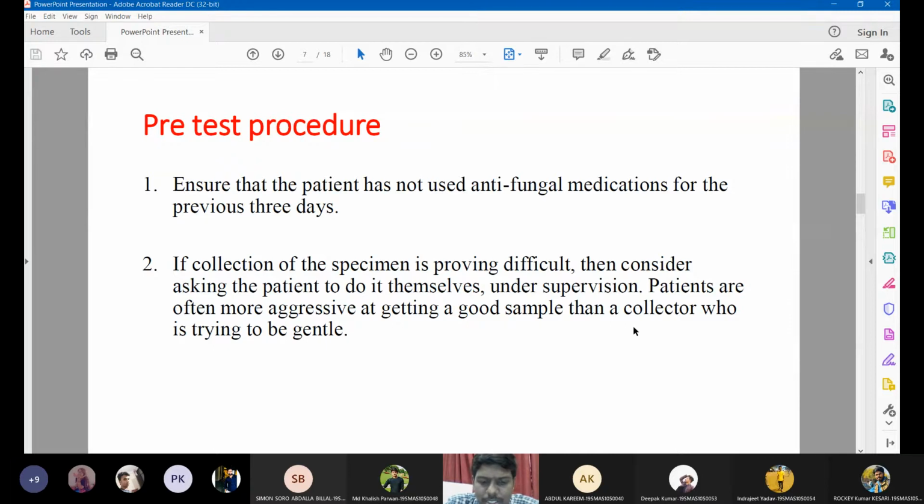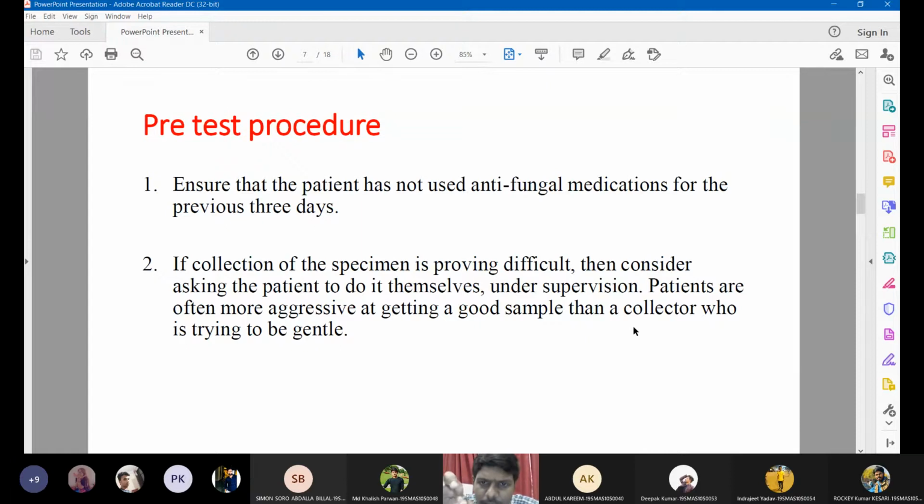We may not be harsh on collecting the sample, thinking the patient may feel pain. But sometimes it is better to let the patient collect it himself, because he knows where he will get pain and where he won't. So sometimes we can allow the patient to collect samples themselves under supervision.